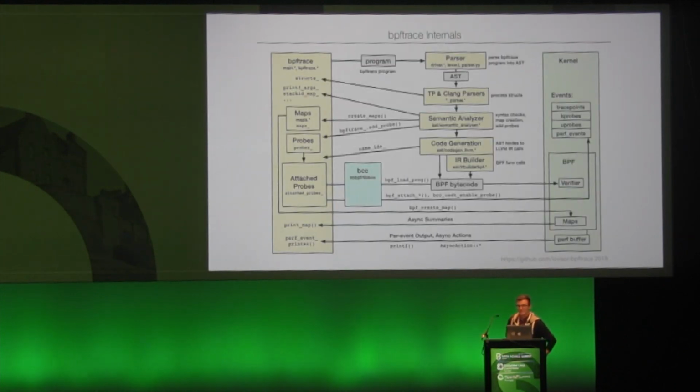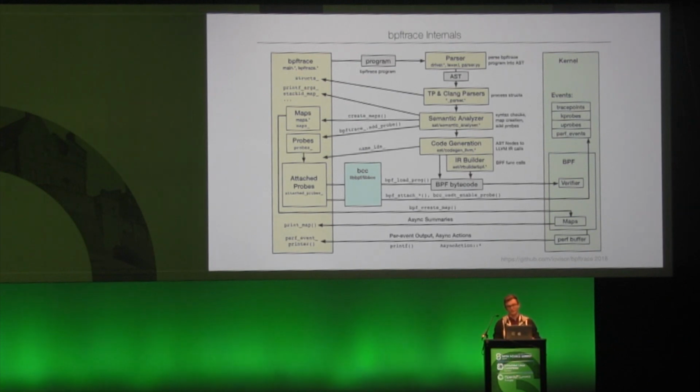Okay, so now I'll talk a little bit about the internals of BPFtrace and how it works. Essentially, BPFtrace is just a compiler for converting these high-level tracing scripts down into BPF bytecode, at which point the Linux kernel takes over and does the hard work of building the tracing stuff. So the compiler starts off with the lexer and the parser.